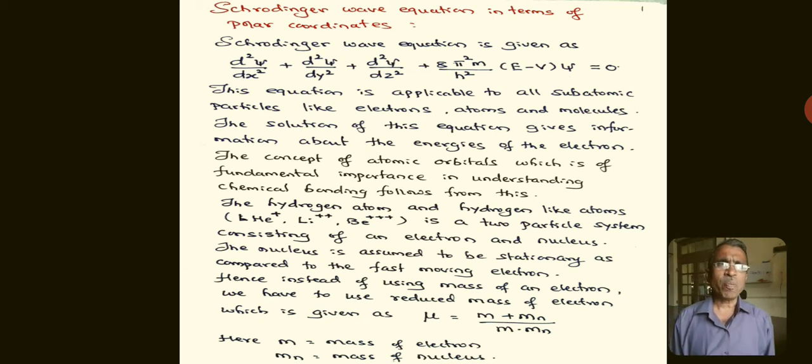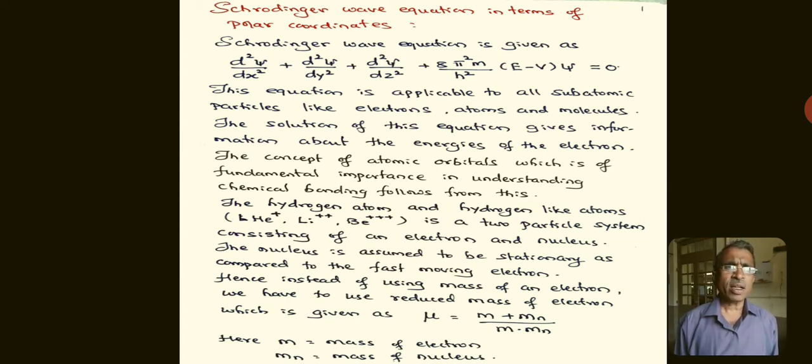This equation is applicable to all subatomic particles like electrons, atoms and molecules. The solution of this equation gives information about the energies of the electron. The concept of atomic orbital, which is of fundamental importance in understanding chemical bonding, follows from this.